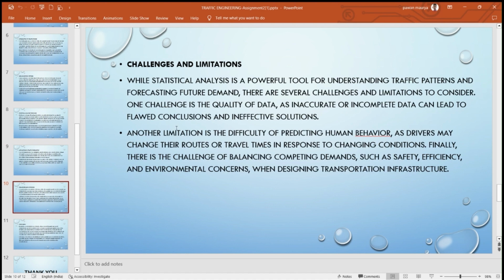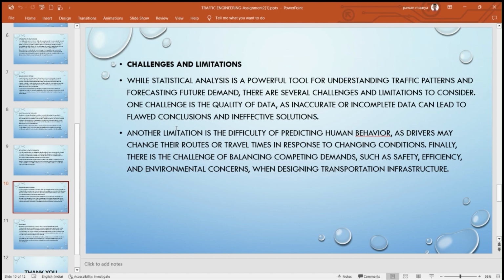Challenges and limitations. While statistical analysis is a powerful tool for understanding traffic patterns and forecasting future demand, there are several challenges and limitations to consider. One challenge is the quality of data, as inaccurate or incomplete data can lead to flawed conclusions and ineffective solutions.